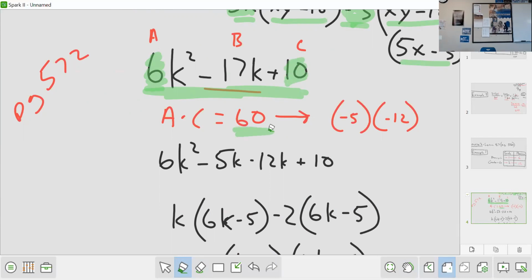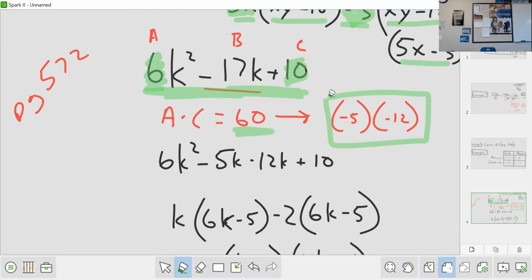And then I have to think to myself, what two numbers, when I multiply them, give me that 60, but when I subtract them, they give me a negative 17. And we decided on these two numbers. Okay, I multiply them, I get a positive 60, but when I subtract them, I get a negative 17.